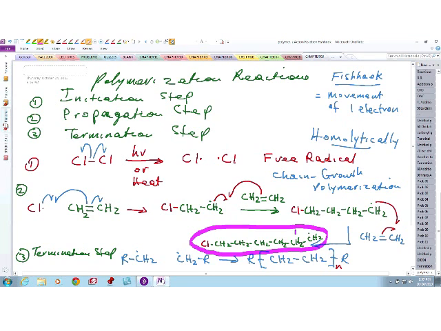You see it? No, that is just the initiator. I mean, if the chlorine joins to it, that will also terminate the process. Any free radical, any two free radicals joining together will terminate the process. That is true. Even the chlorine free radical could join with that and terminate the process. So any two free radicals could terminate the process, and then you get the termination step.